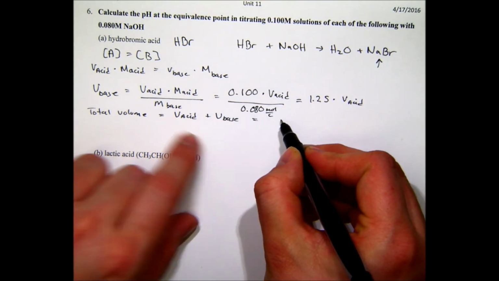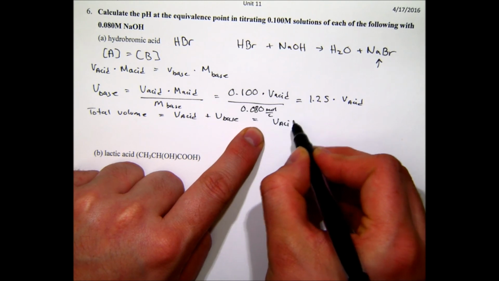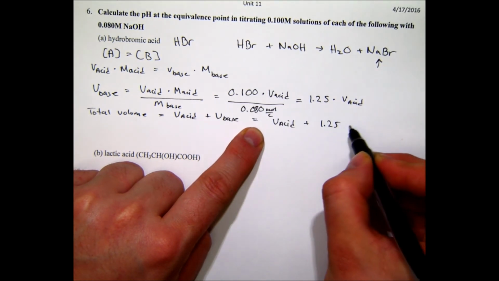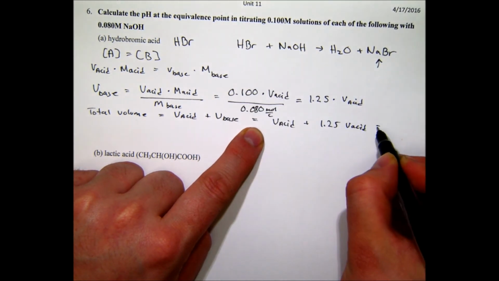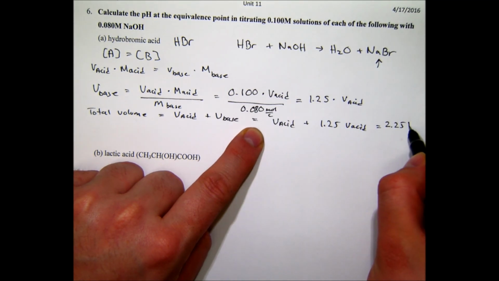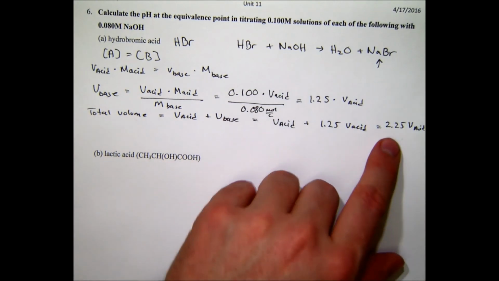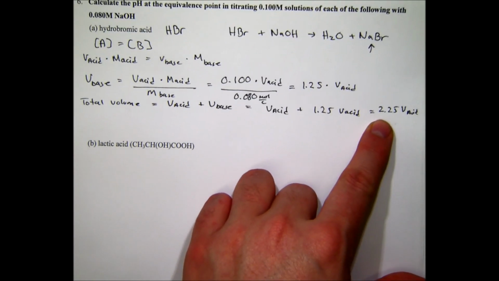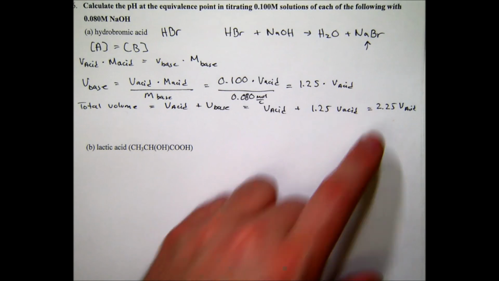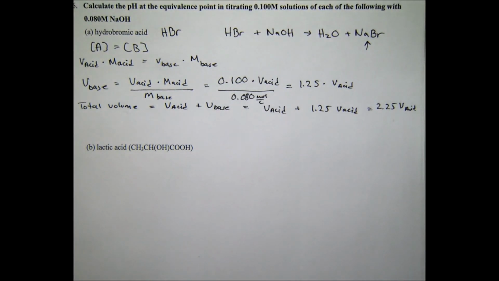And that gives me 2.25. So the total volume is going to equal 2.25 times the volume of the acid that we used. Again, this is kind of neat.